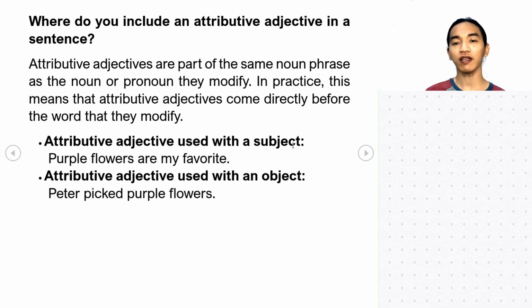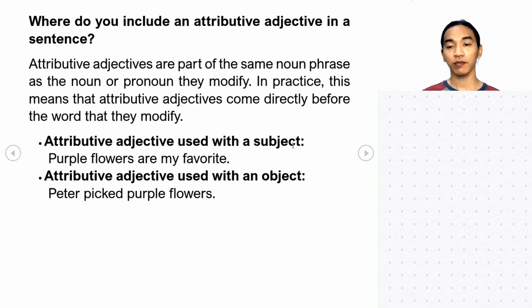Attributive adjectives are part of the same noun phrase as the noun or pronoun they modify. So they are included in the noun phrase. In practice, this means that attributive adjectives come directly before the word that they modify.